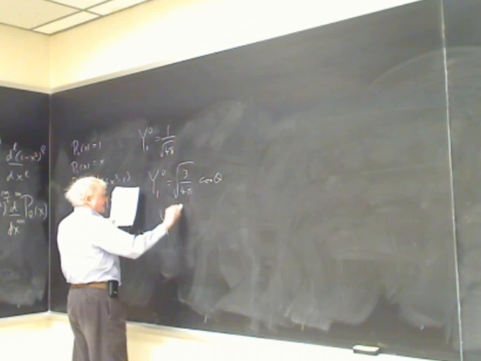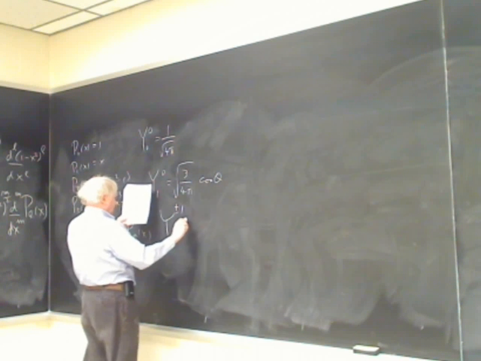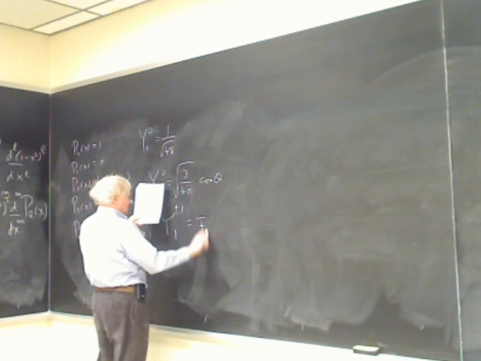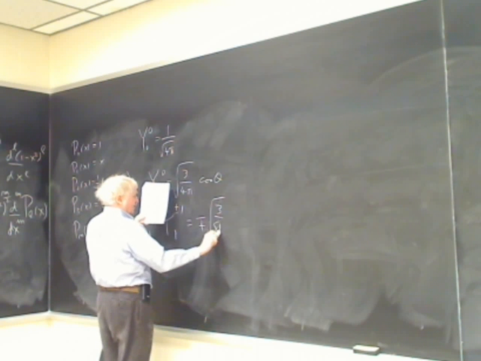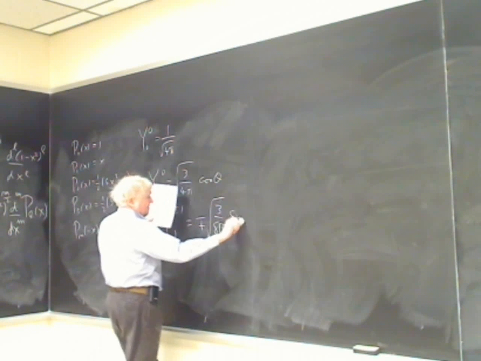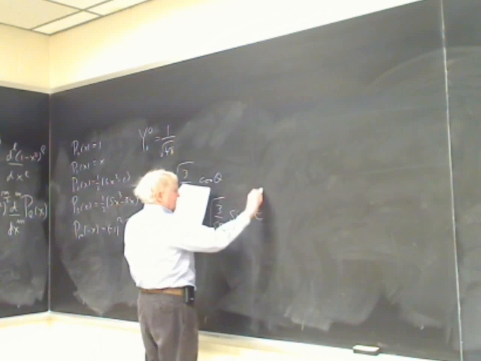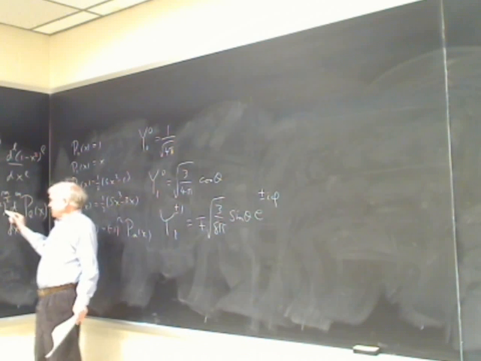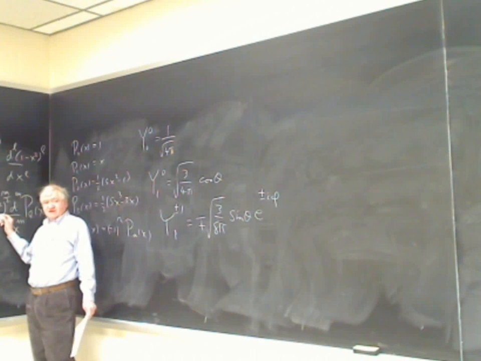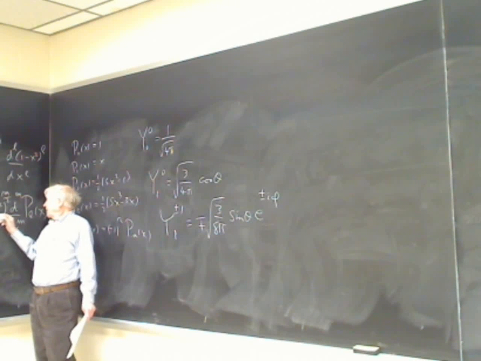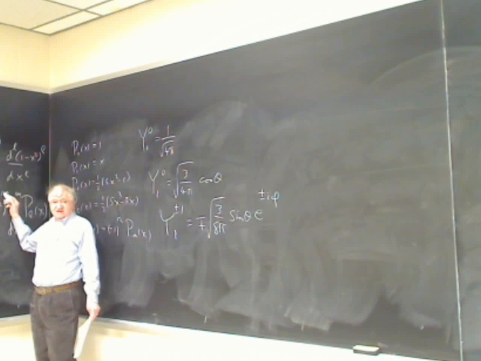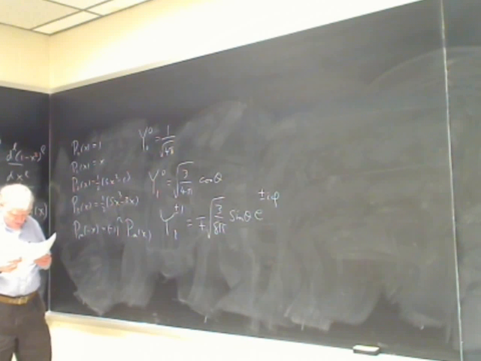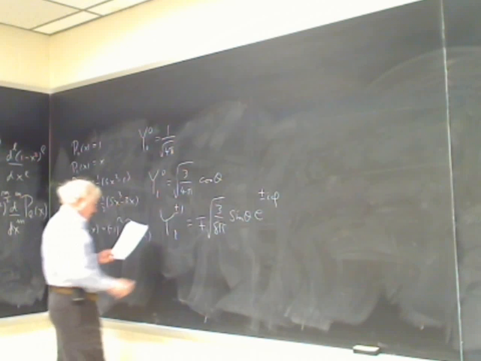Y_(plus or minus 1) is minus or plus square root of 3 over 8 pi sine theta e to the plus or minus i phi. Notice that if x is cosine theta, 1 minus x squared is sine squared theta. If you raise that to the power m over 2, it's just sine theta to the m. So that's why these funny factors occur.